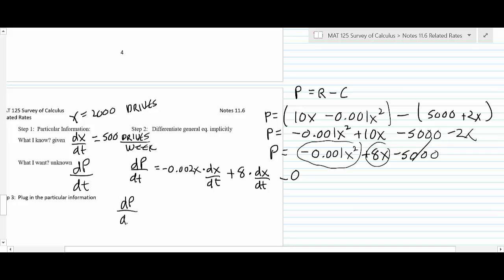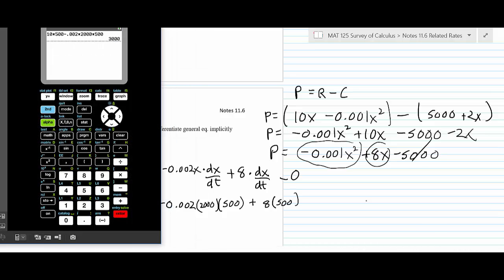Now really, all you got to do is just plug in the information and then use your calculator. So we'll have negative 0.002 times x. x was 2,000 drives. Then we have dx dt, which was 500. And then we have plus 8, and dx dt again was 500. So then you can go to your calculator and see what you get.